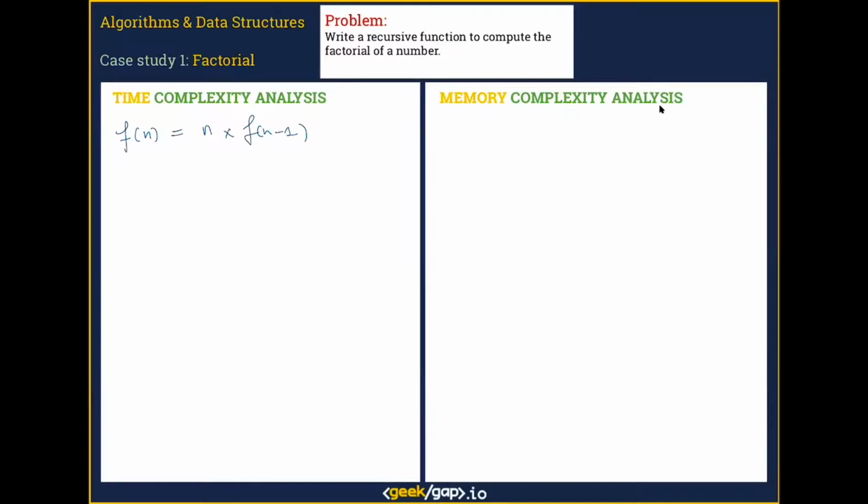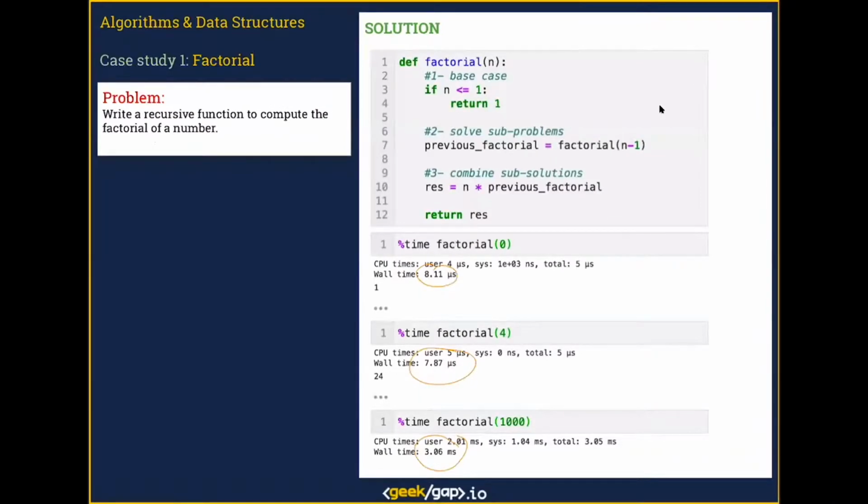So we want to know how long it takes, the time complexity, when we are passing an argument of an integer n to that function, because you saw here, it grows with the size of the input parameters. So for example, here, when we say factorial of 1,000, it takes 3 milliseconds. When we say factorial of 4, it takes 7, or you can say 8 microseconds.